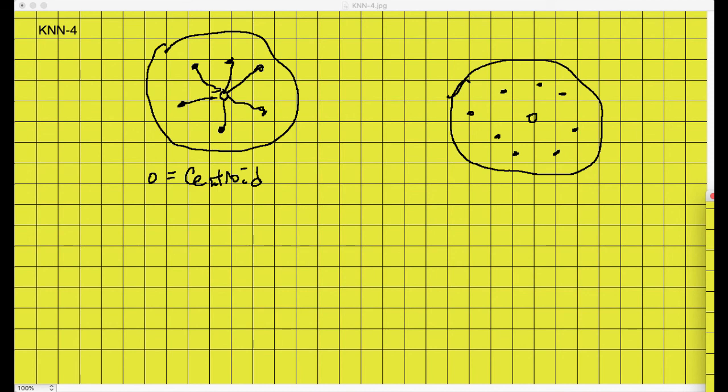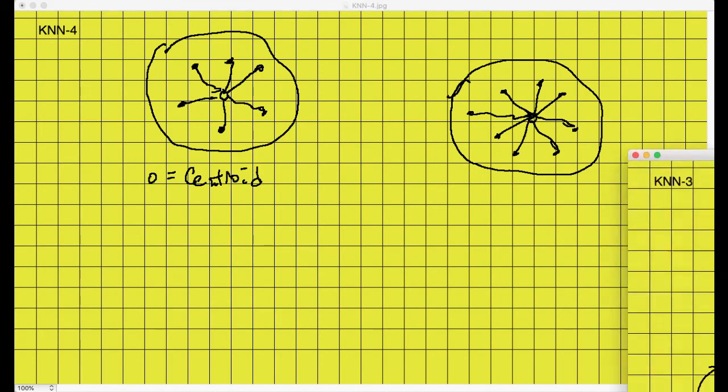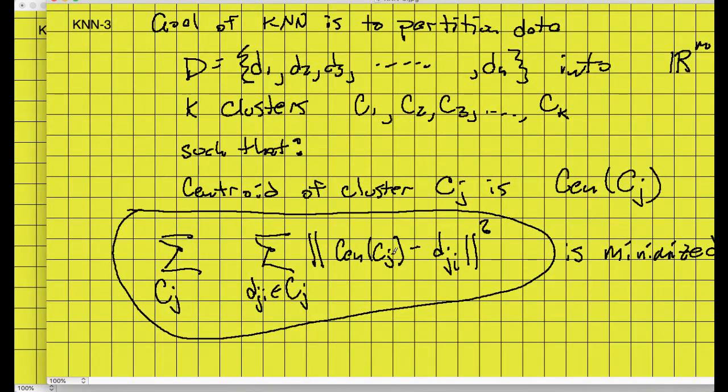Likewise, I'm doing the same thing over here. Then I'm adding up the sums of the squared differences here, here, and all of the other clusters. That's what gives me the double summation.